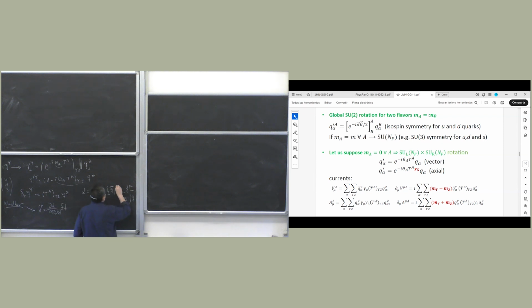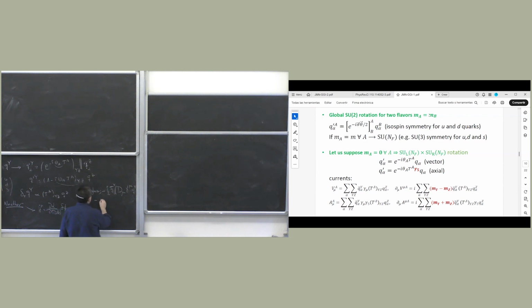Okay, I am going to put the flavor index. I am going to put y here, just to have correctly the notation, and then here I have q y, right? And yeah, it's with a minus.